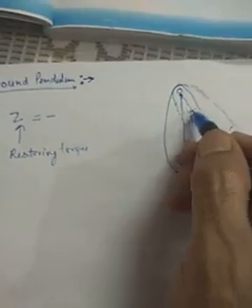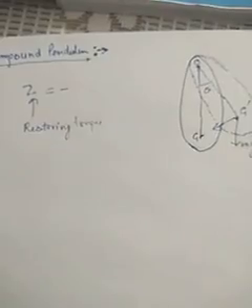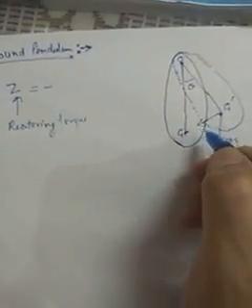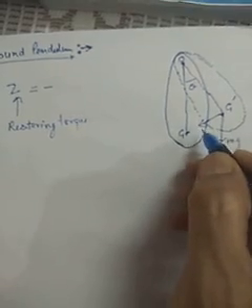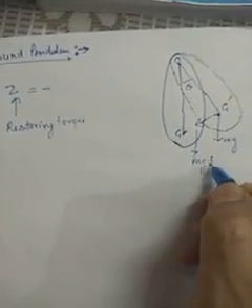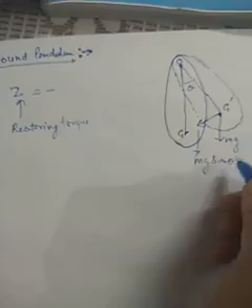Obviously, if this angle is theta, then it will be mg sin theta in this direction.